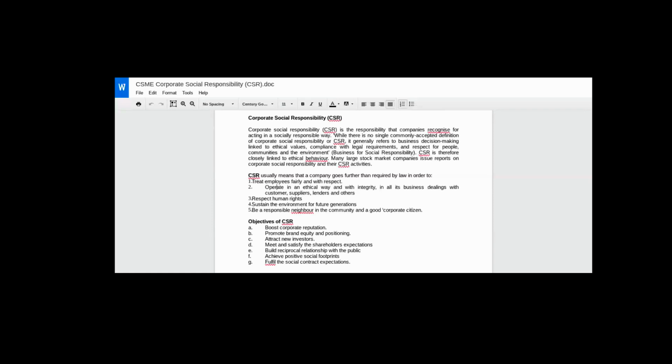We must act in an ethical way with all our numerous customers, suppliers, and the lenders. Number three, CSR also covers the respect for human rights, avoidance of indiscriminate sack, and compliance with labor law.